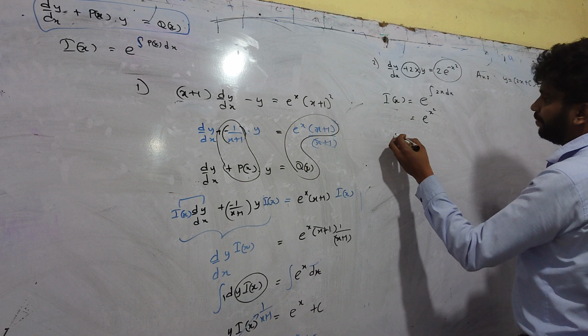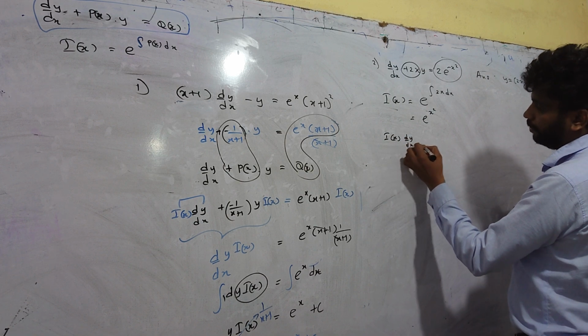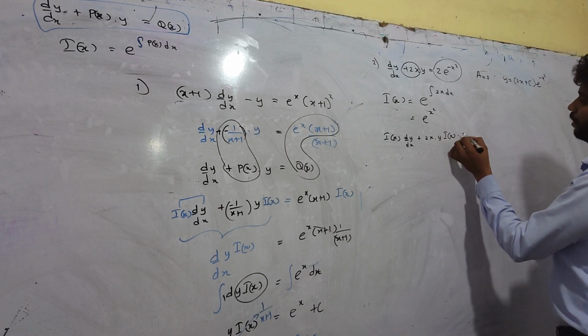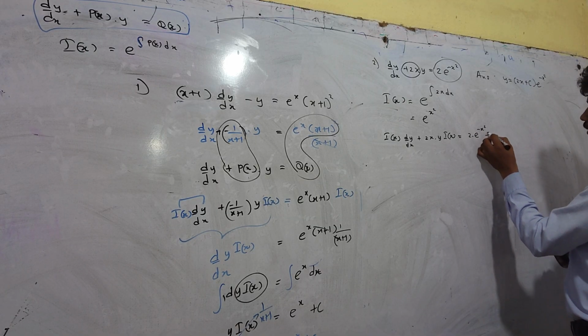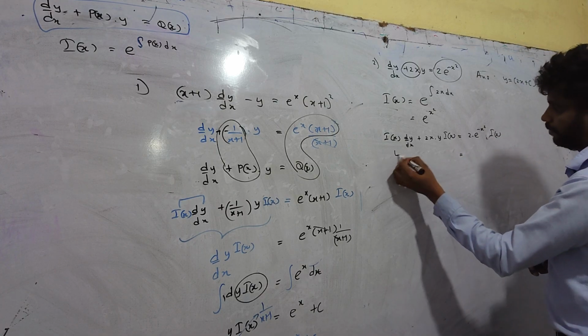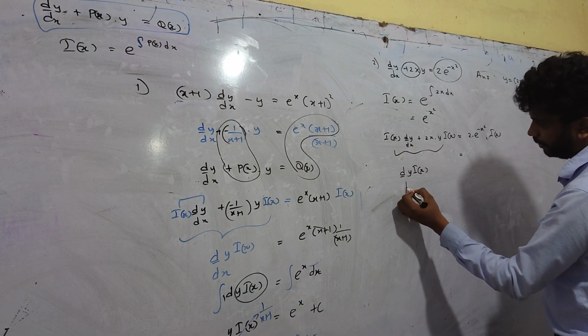Right. Okay. Now we multiply both sides by the integration factor. Integration factor times dy by dx plus 2x into y into integration factor equals 2 into e to the power minus x squared into e to the power x squared, which is the integration factor. The left side is nothing else but the derivative of y into I of x.